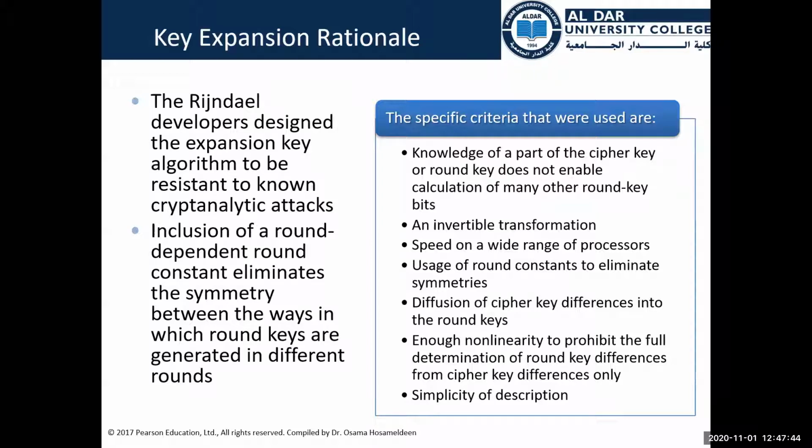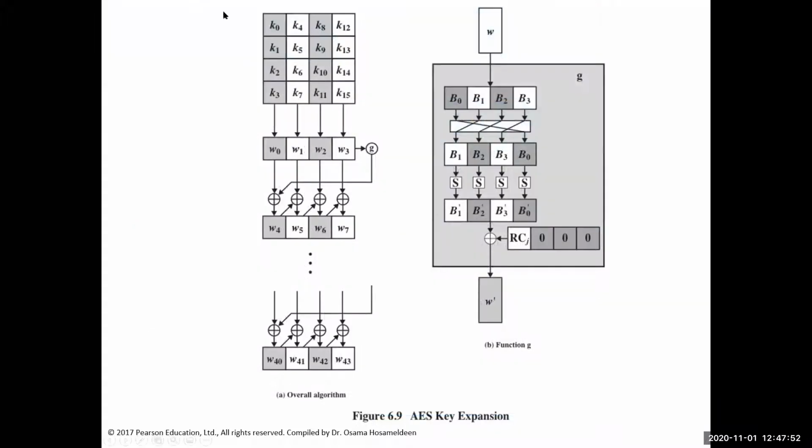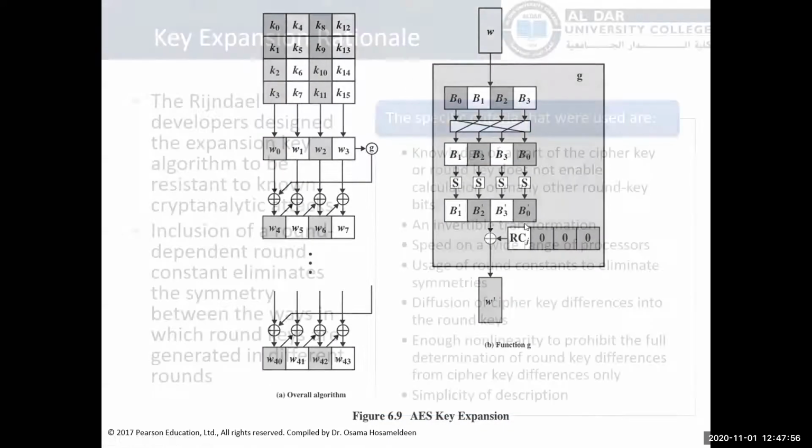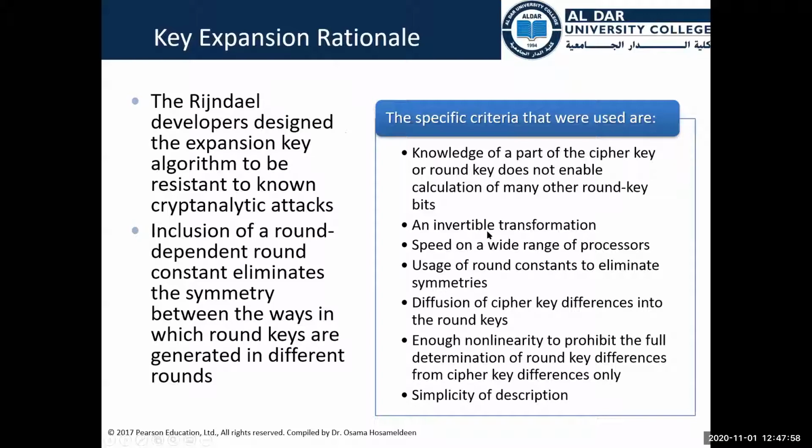So here Rijndael makes sure that this operation, the construction or expansion of the algorithm, is of high speed, so that if anybody wants to make it as hardware, he can do it as hardware.